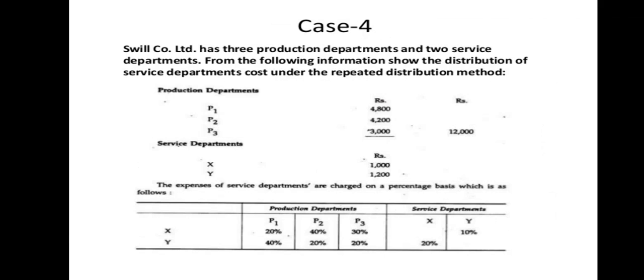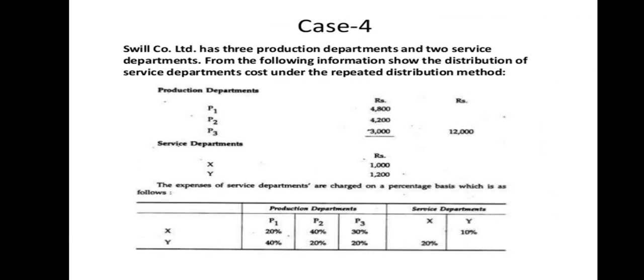And we need to show the distribution of service department cost with the repeated distribution method. Production departments P1, P2, P3 expenses are 4,800, 4,200, 3,000. Altogether, production department overheads are 12,000.